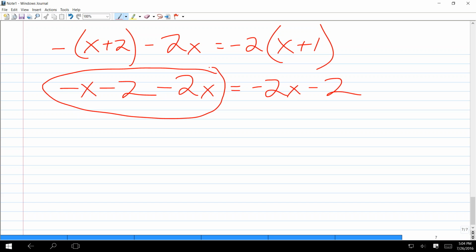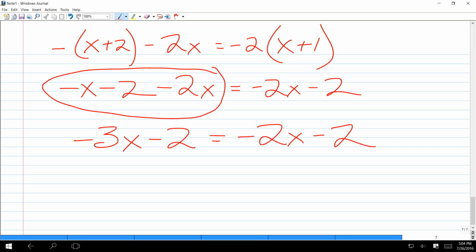Negative 3. Right? Because you have a negative x minus 2x, which becomes negative x plus a minus 2x. So that's negative 3x. Still have the minus 2. So I just put in an intermediate step just to combine that with that. Now you're at a point where you can move everything over.